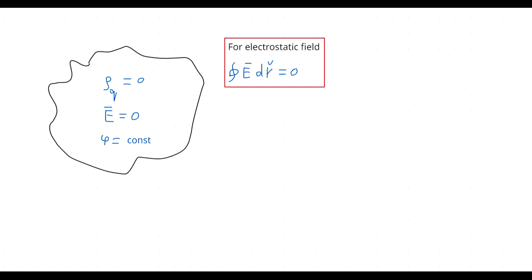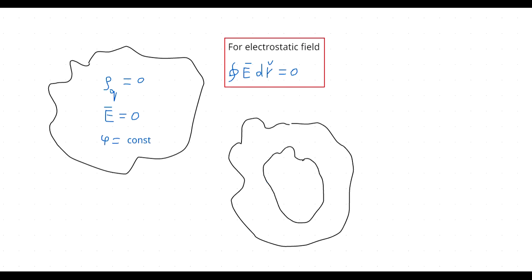Let's imagine that we have made an empty place inside a conductor. Because there wasn't any electrostatic field or electric charges, nothing will happen.